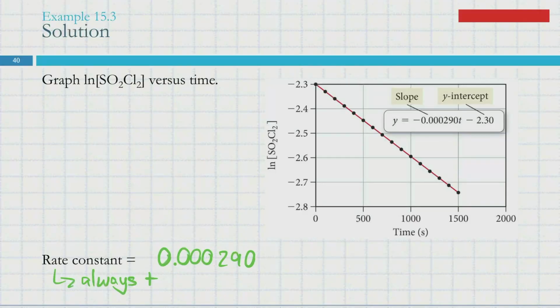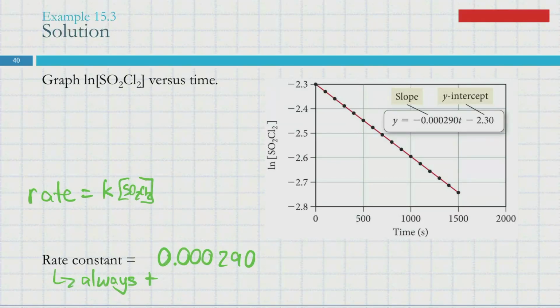And then what are our units for the rate constant for a first order reaction? We can write out our first order differential rate law.